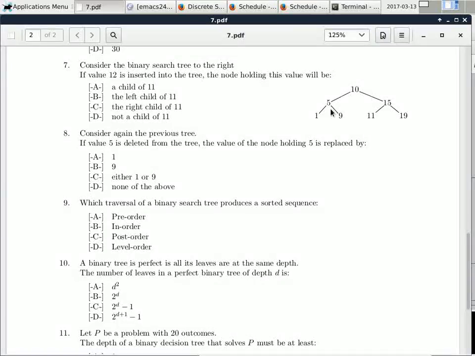Same if you go left, you go 1 and then you have to go all the way right, there is nothing to go. So 1 is a good candidate as well. So the rule is that you go 1 step left and all the way right, or 1 step right and all the way left.